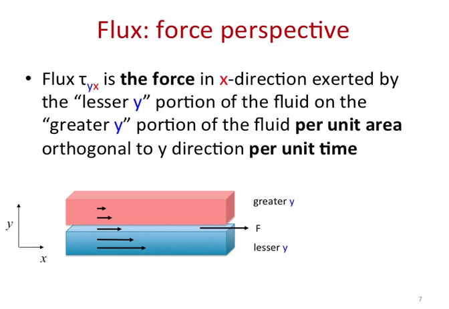Okay. So basically, in this force perspective, my flux tau yx, which is force divided by area, is the force in x direction, exerted by this lower portion of the fluid, so lower y portion of the fluid, up onto the higher, greater y portion, per unit area. So basically things are orthogonal to the y direction.